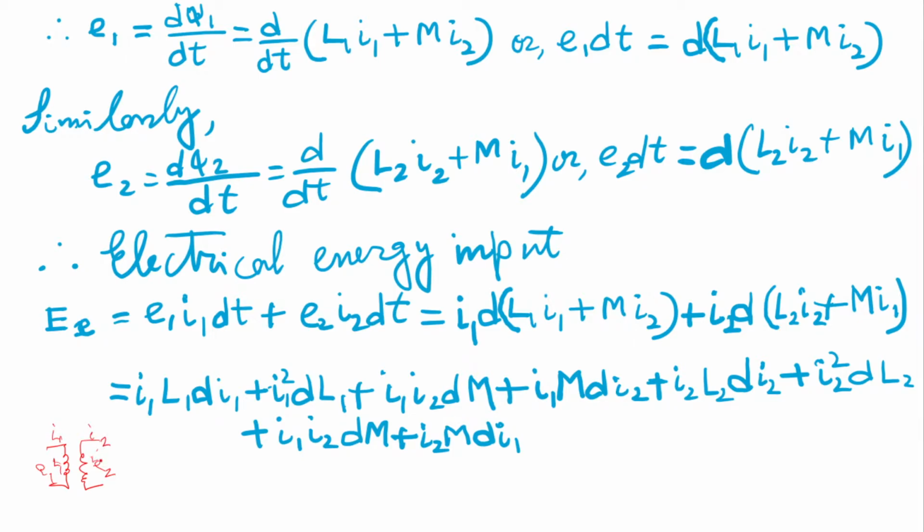This is L1, this is L2, and the mutual inductance is M. So the total electrical energy input will be E1 I1 dt plus E2 I2 dt. So far we have got E1 dt and E2 dt. That's why the total electrical energy input will be E1 I1 dt plus E2 I2 dt, where E1 I1 dt will be I1 times this expression, and E2 I2 dt will be I2 times this expression.